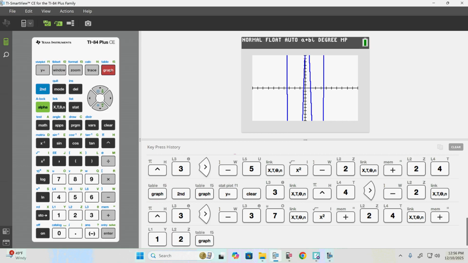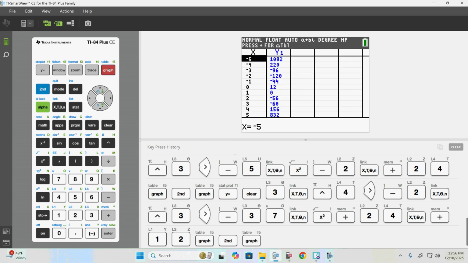So we're going to type the whole thing in and hit graph. Now we do see it crosses 4 times. Since it is a degree 4, we should expect it to cross 4 times, or touch the graph twice, or have at least 2. 4 is the most that we can have, so all 4 solutions are listed here.